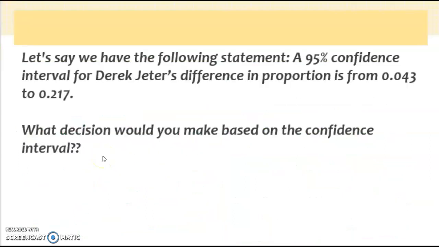Okay, so this is the confidence interval that we calculated for Derek Jeter's performance. A 95% confidence interval for Derek Jeter's difference in proportion is from 0.043 to 0.217. So what do you see about this interval? Is it entirely positive? Is it negative? Does it contain 0? I see two positive values.